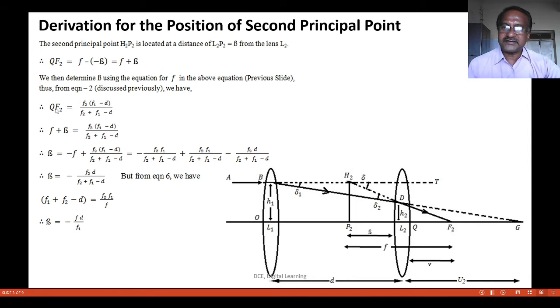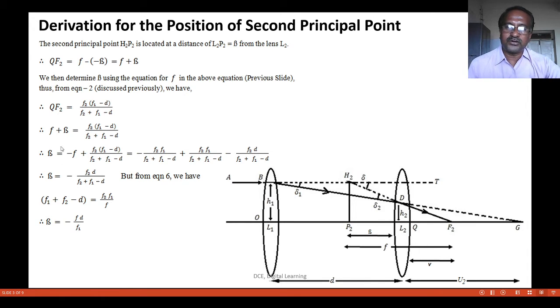In the previous session, we had defined this term QF2 like this: 1 by QF2 is equal to F2 plus F1 minus D whole divided by F2 into F1 minus D. But now I will rewrite it like this: QF2 is equal to F2 into F1 minus D whole divided by F1 plus F2 minus D. Therefore, from these two equations, F plus beta is equal to this equation.